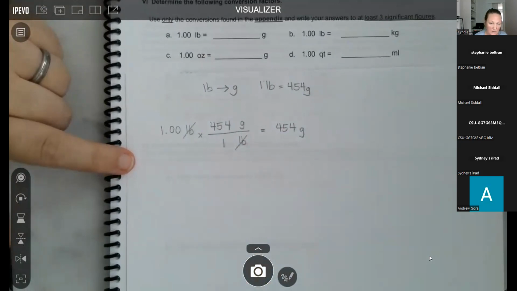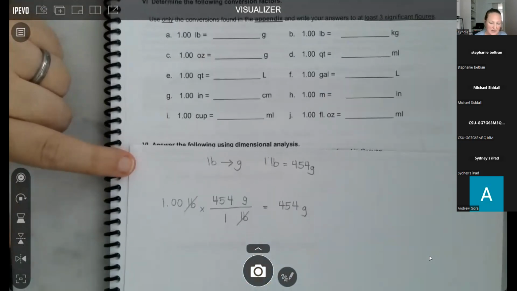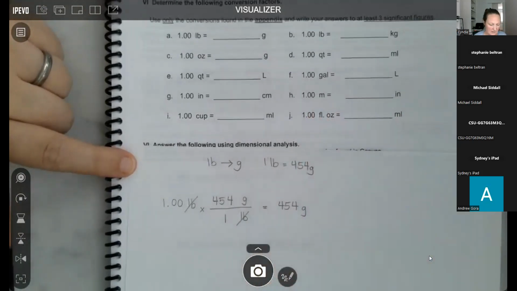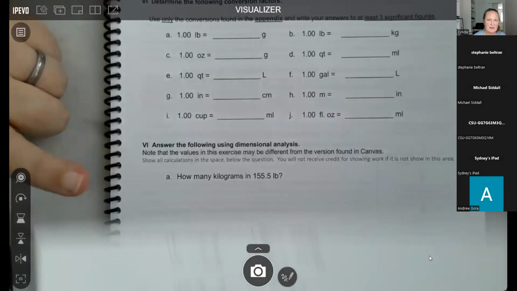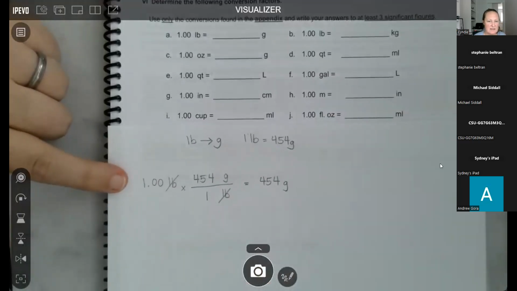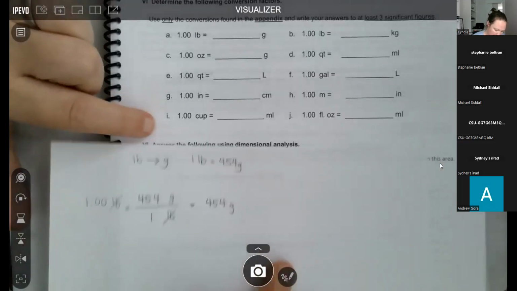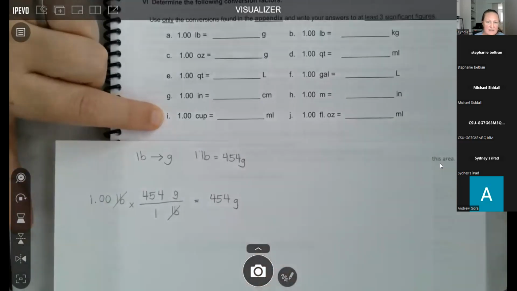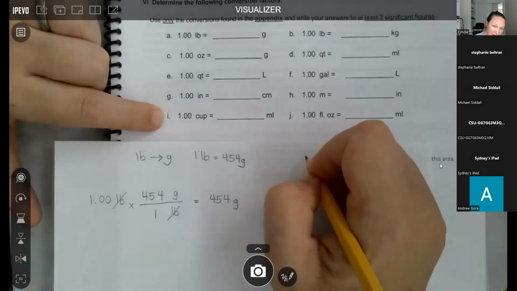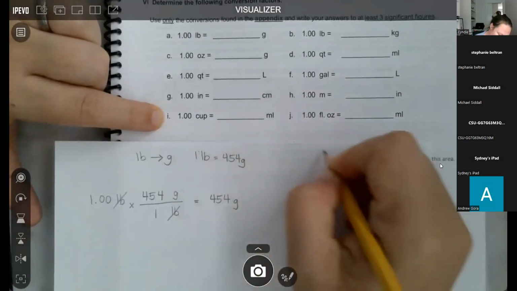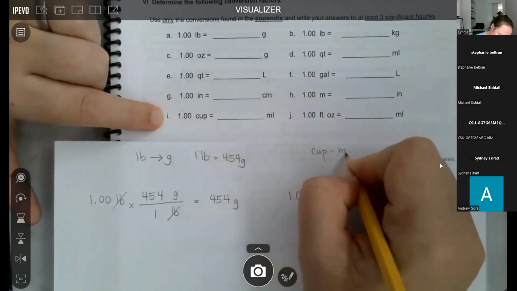Okay. So let's do one towards the bottom here that maybe will take more than 1 conversion. Let's go ahead and see which one might take more than 1 conversion. How about we try this one. I don't know if it takes more than 1 conversion or not, but since it's towards the bottom, it might. Okay, so we want to do 1 cup. So we're going to start with 1 cup. And we're trying to get to milliliters.